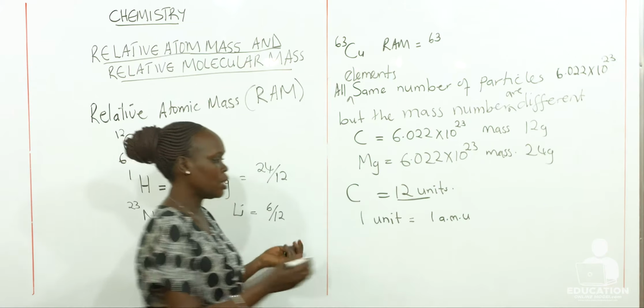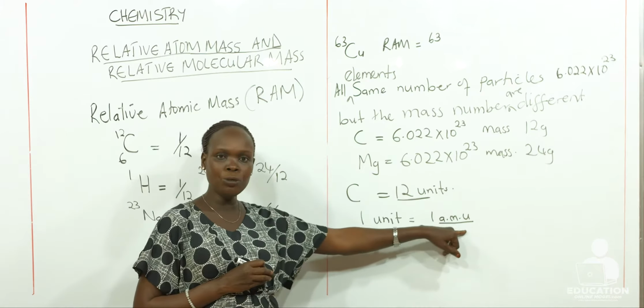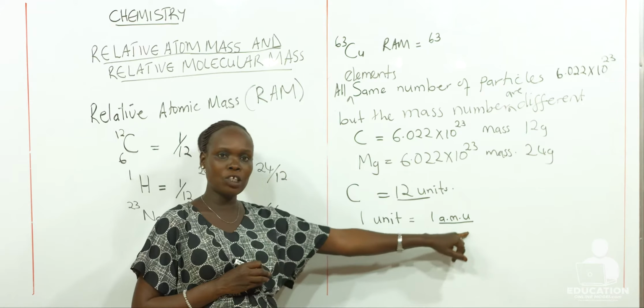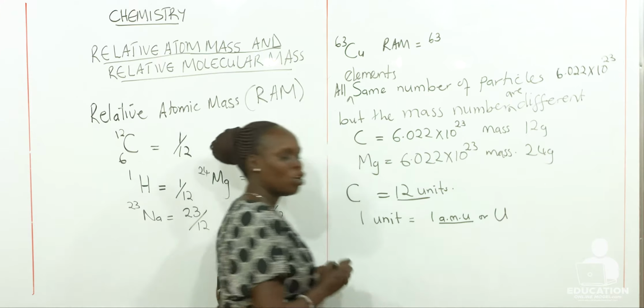So when we are writing the relative atomic mass, we shall say 12 AMU, referring to atomic mass unit, or we can say a unified mass, or we can represent it by only capital U.